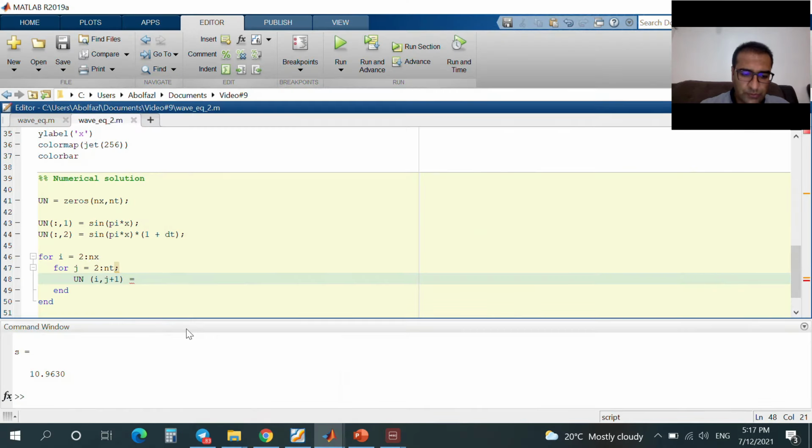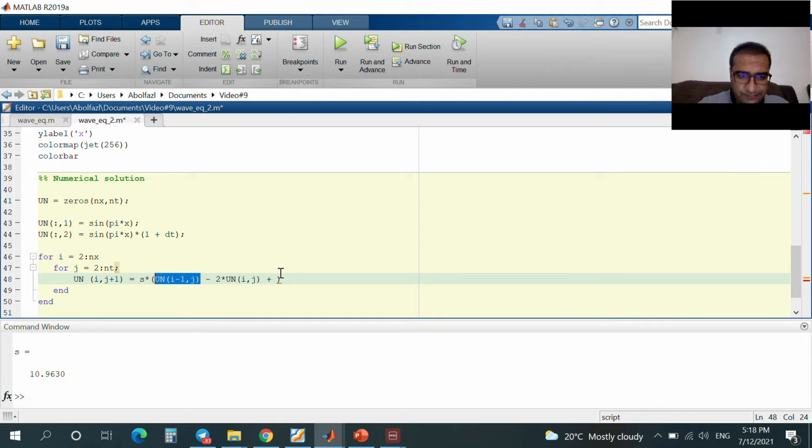S multiplied by U numerical i minus 1, j, right, minus 2 U numerical, I forgot the r here, U i j, plus u i plus 1, j.